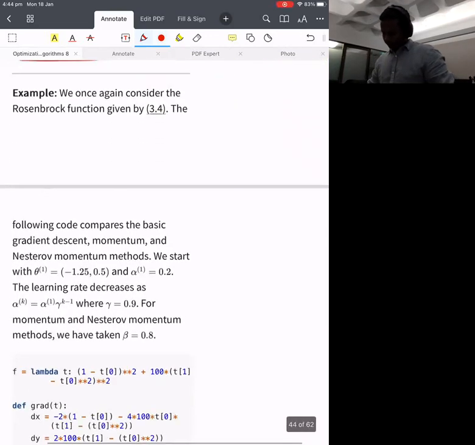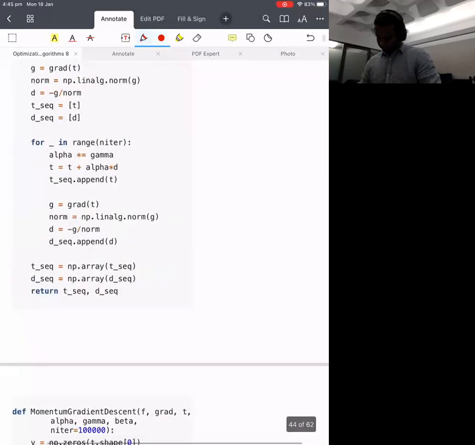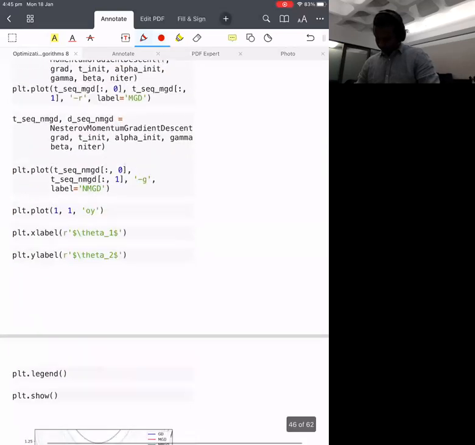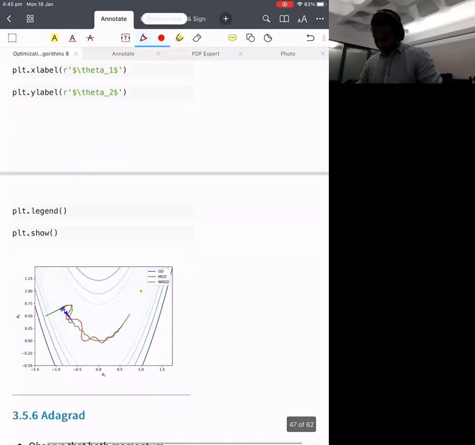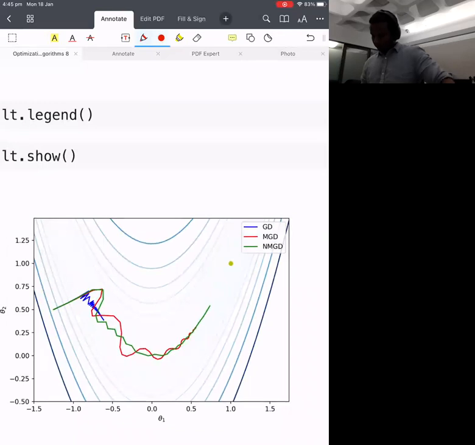So you can look at how it works if you take this function once again. In this plot, we are showing all three methods. The blue curve is naive gradient descent, the steepest descent direction, that is GD. The red curve is with momentum, and the green one is Nesterov momentum gradient descent.